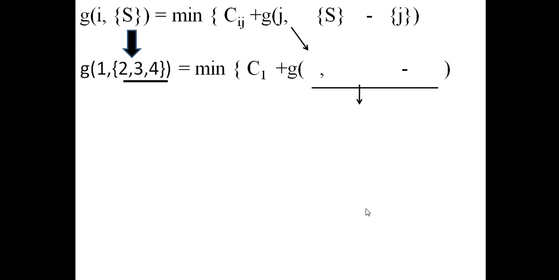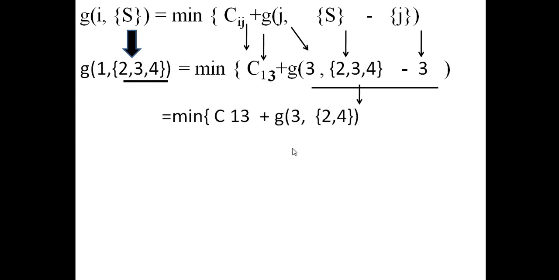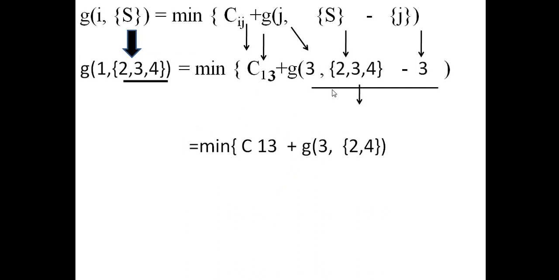And now again you have to calculate G. 1 to 2 you have calculated; the next one is 1 to 3. S value is 2, 3, 4 and j value becomes 3.